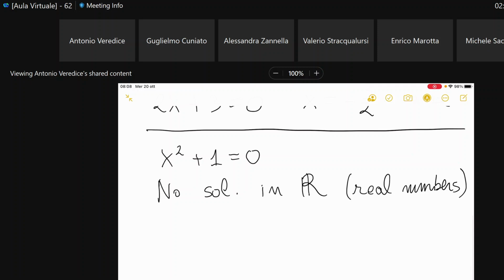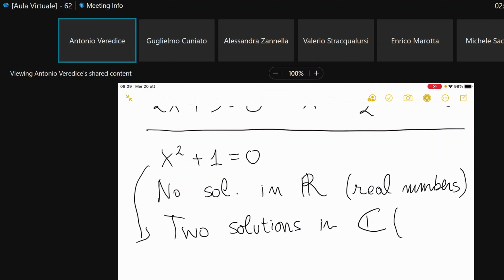But if you want to extend this set of numbers, you can find also solutions for this equation, okay? And we will see that this equation has two solutions in C, where C is the set of complex numbers.